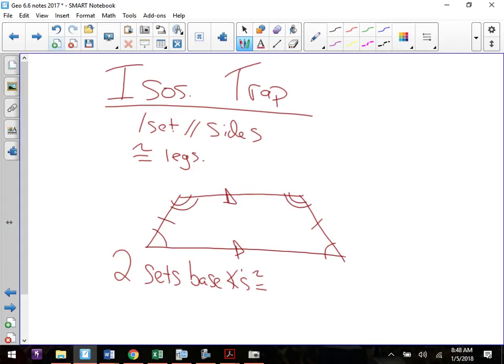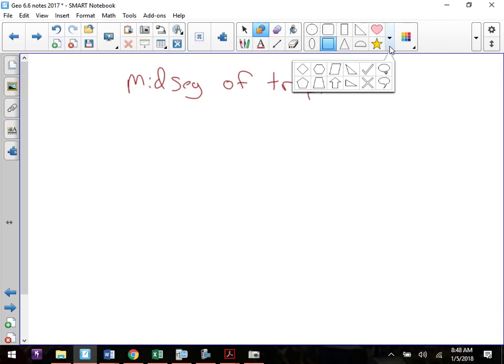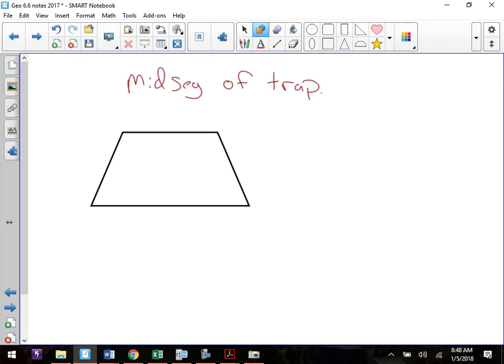So again, these guys have mid-segments. So you have a mid-segment of a trapezoid.